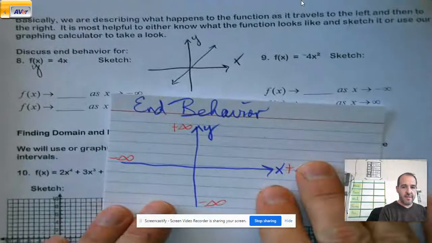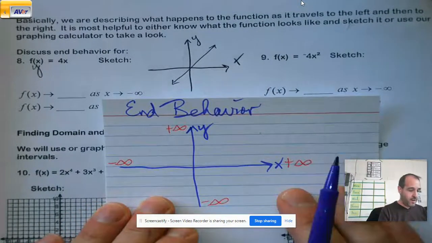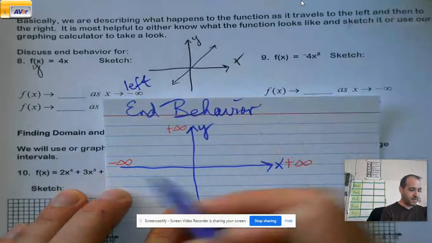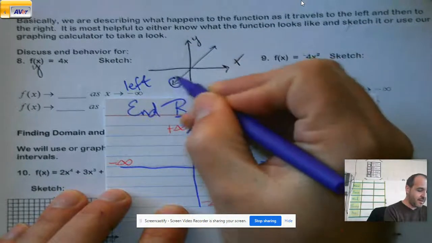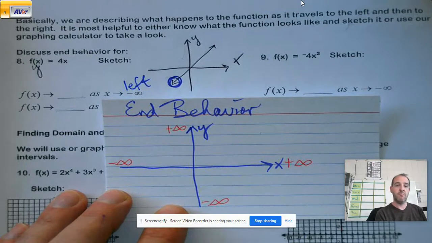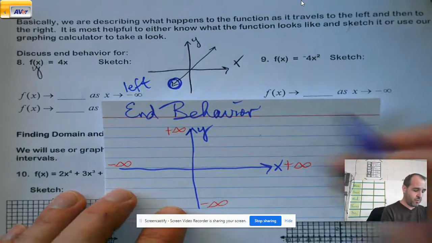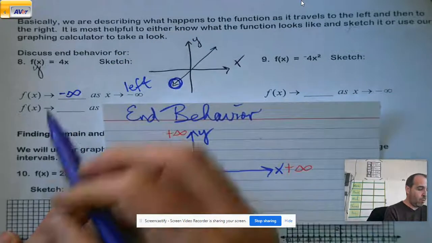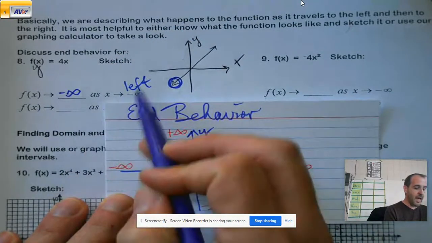Here's my end behavior. What's happening as x is going left? Find the left side of your graph, find the left arrow. Is it going up or down? That's the only question we have to answer. Well, it's going down towards negative infinity. Y goes down as x goes left.